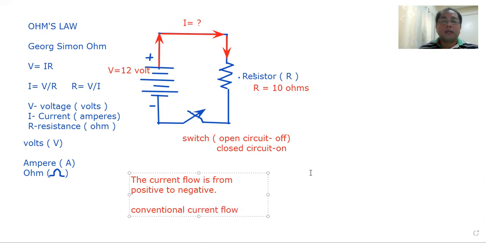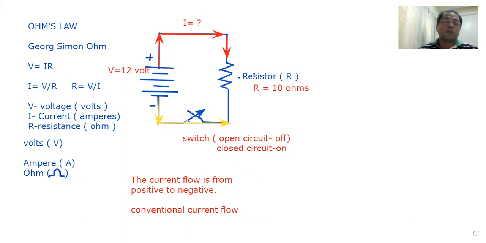Now, the other type of charge that moves, if we will allow another charge to move here, the charge, the electron, travels in the opposite direction. It is moving now from negative to positive. The electron.